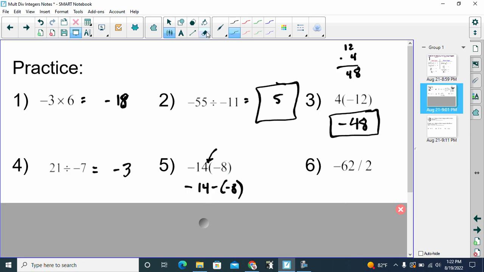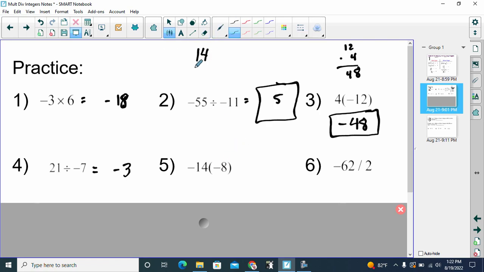If there is no sign written in between a number and a parentheses, or between a number and a variable, like 3x, this means 3 times x. This means negative 14 times negative 8, so I am being asked to multiply here. 14 times 8.